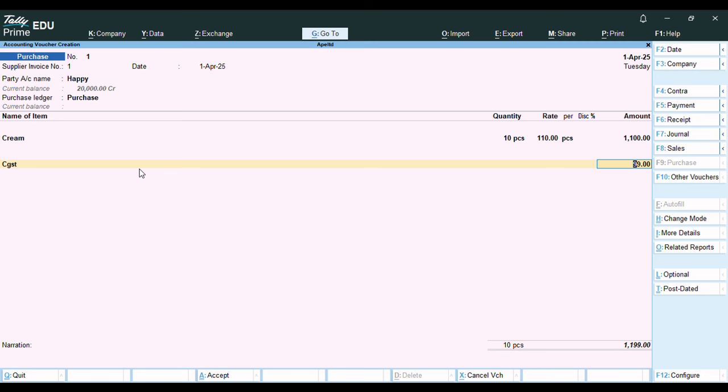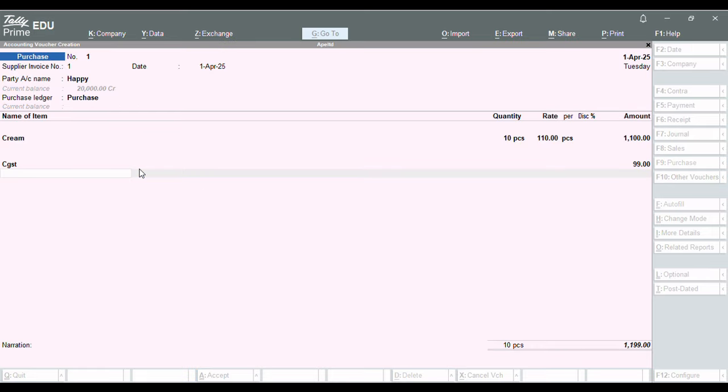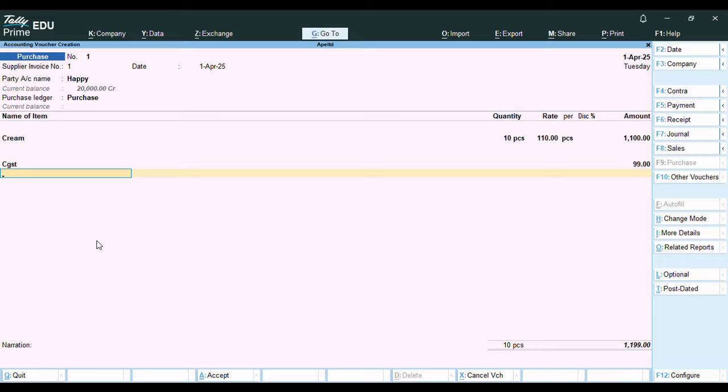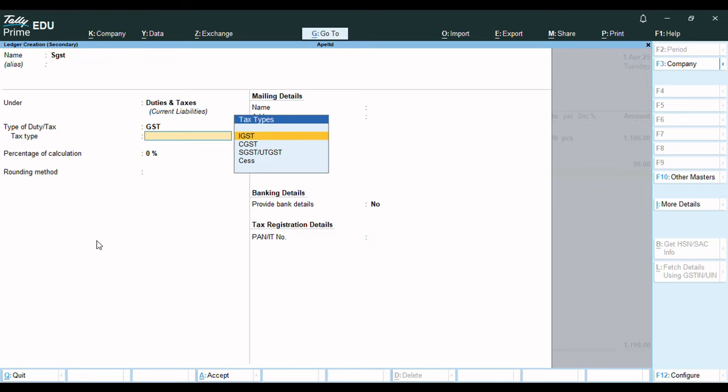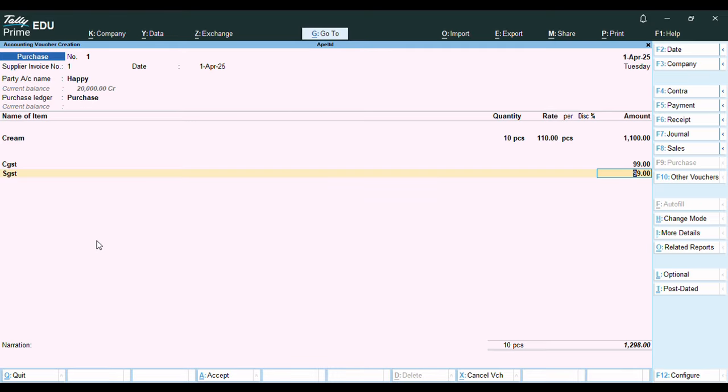GST आ गई direct. Next is your Alt C, creations, that is your SGST, duties and taxes, GST, this is your SGST. Select the SGST, enter. Clear? This is the shortcut key to create any ledger immediately.